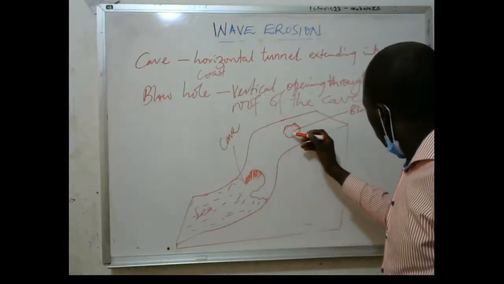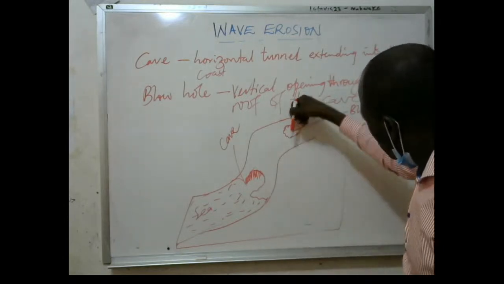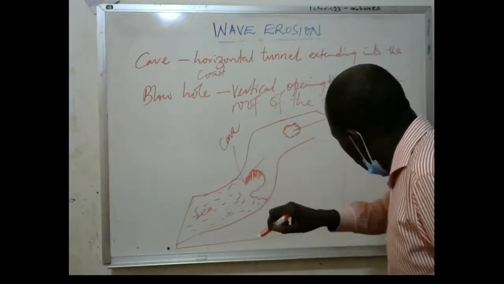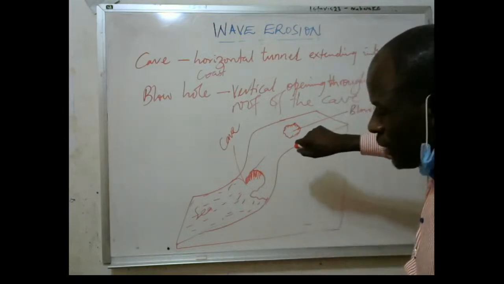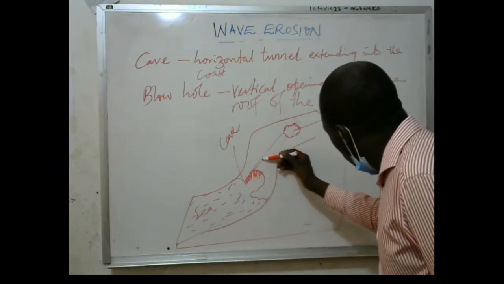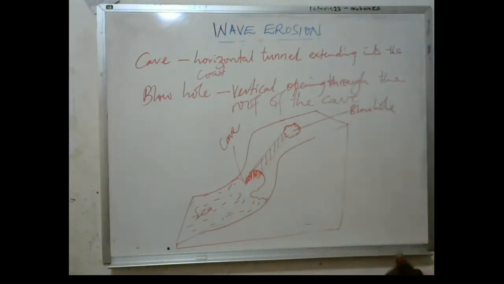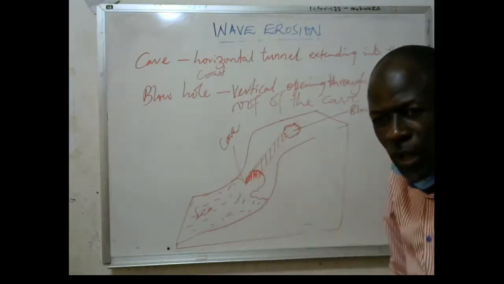Now, further, you'll see that even after the formation of this blowhole connecting the cave down, the water still continues. The swashes continue entering this cave, and as the water splashes up, the entire roof of the cave is gradually eroded and weakened. So the roof of the cave may eventually collapse.